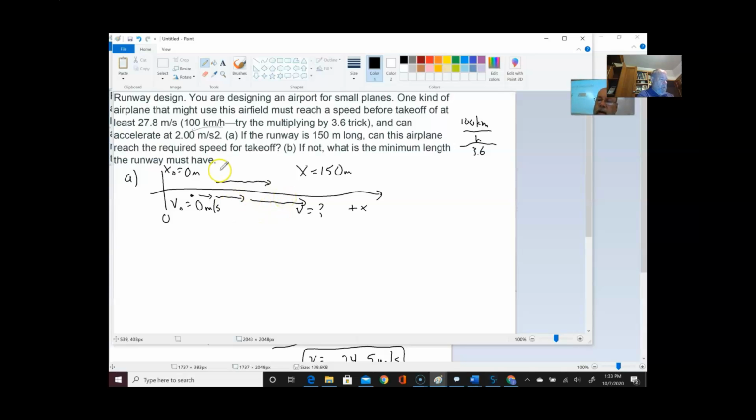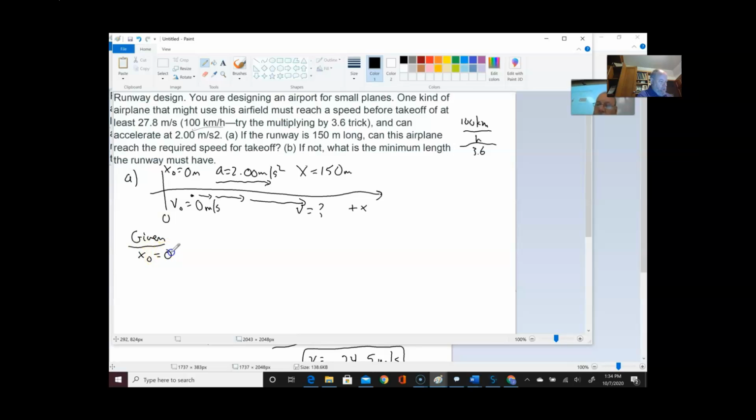So my acceleration then, I've been told, is going to be 2.00 meters per second squared. Okay, so now that I've gathered all this wonderful information, I can write it down in a way that's useful to me. I can write it in a list.